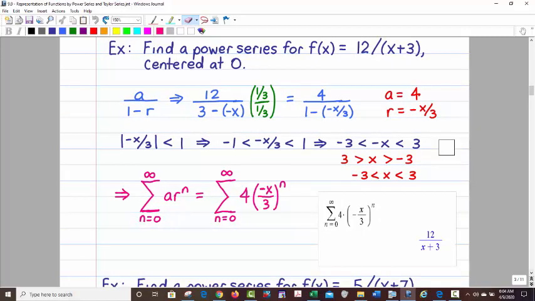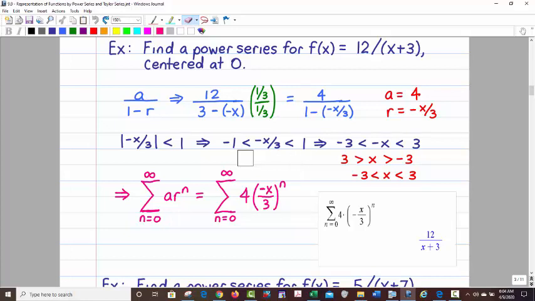So I need the absolute value of r to be less than 1. So that's the absolute value of negative x over 3 is less than 1. So it's between negative 1 and 1. So now we have to actually solve this. I probably could have just called this x over 3, but that's all right. Anyway, I'll leave it like this.